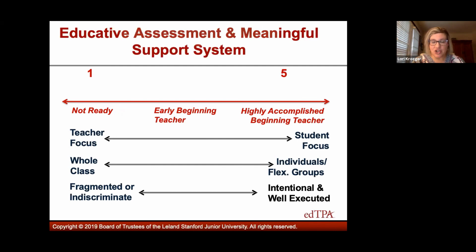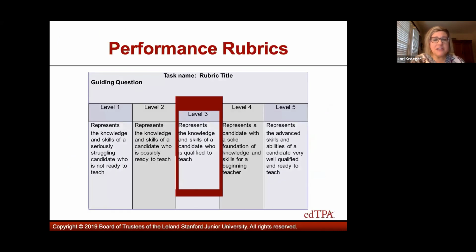All the way up to level 5, which is really providing evidence of a highly accomplished beginning teacher. This is a candidate who is very student focused, whose planning, instruction, and assessment is focused more on individuals or flexible groups of students, and whose plans and instruction are intentional, well executed, and flow very well. So again, on a scale of 1 to 5, this is what the rubrics kind of look like.